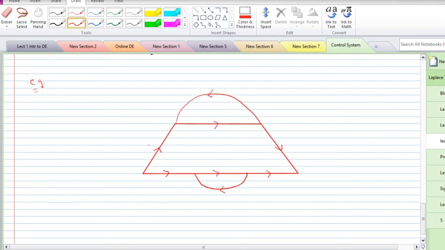So here, suppose this is your node x1, and this is node x2.